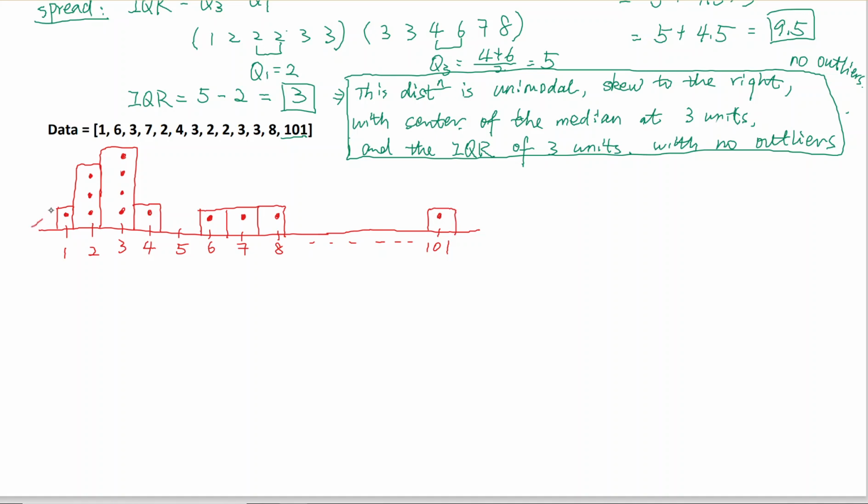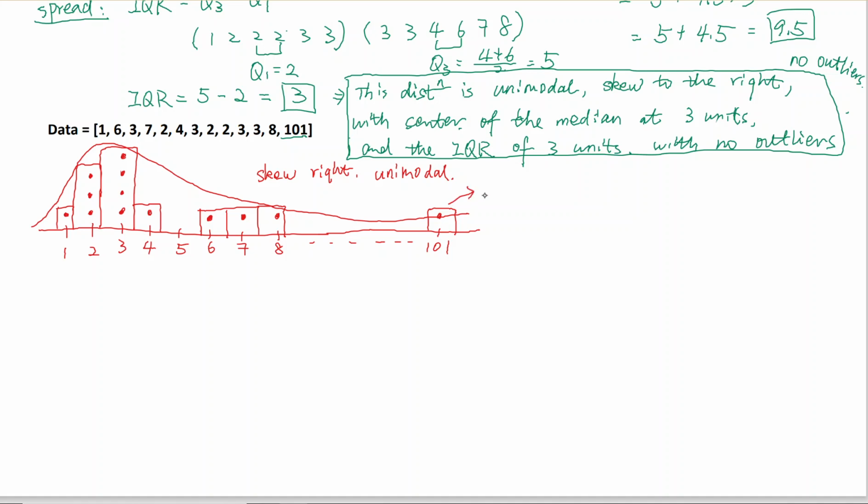So now if we still draw this distribution, it will be skewed to the right again, right? And it's still unimodal, right? But there are potential outliers, right?